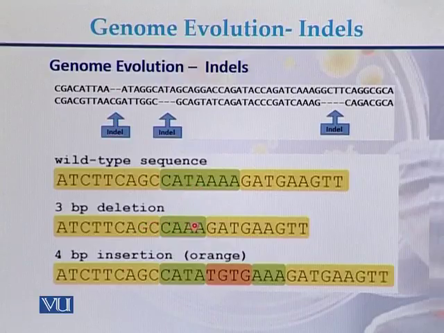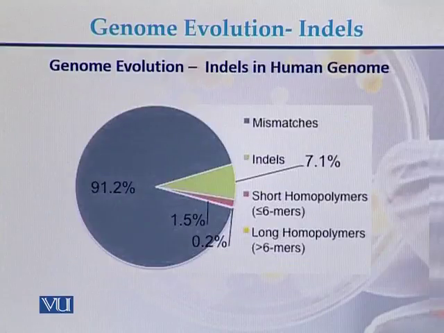So this is the indel. And here we can see that 4 base pairs have been inserted. So these are the 4 nucleotides that have been inserted in the original wild type sequence. So an indel can be in the form of a deletion and can be in the form of an insertion.